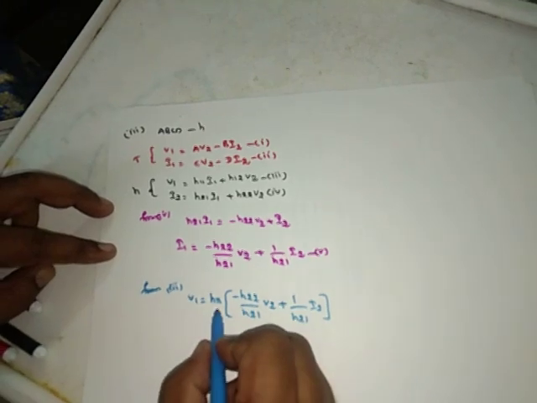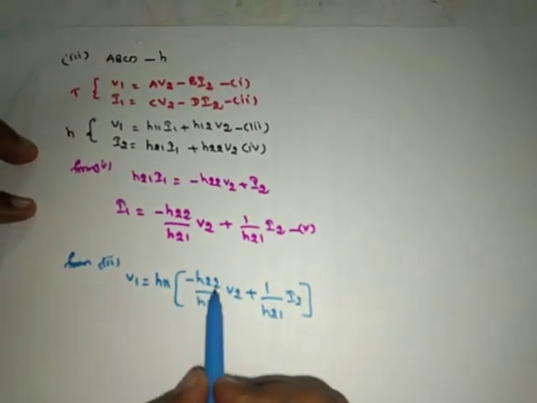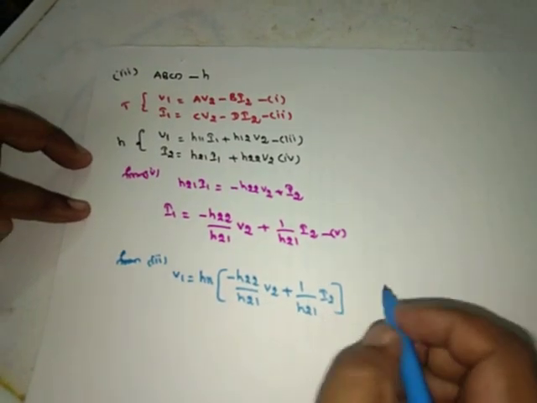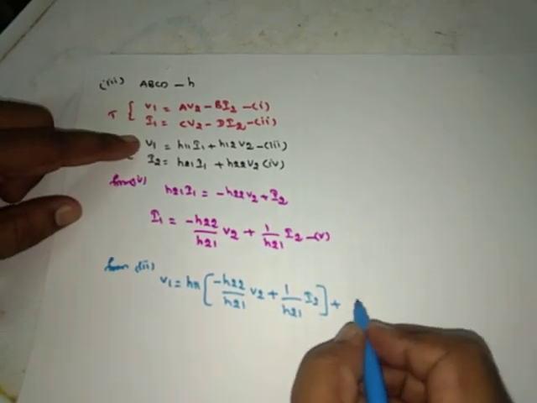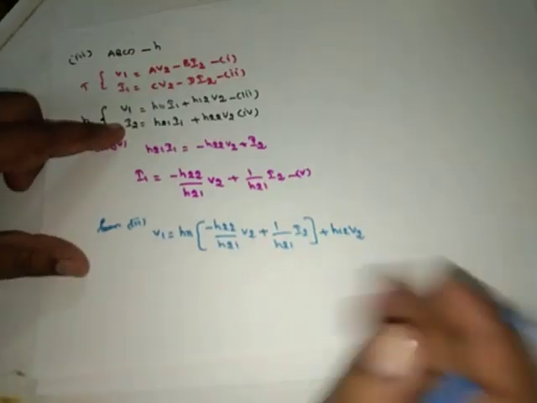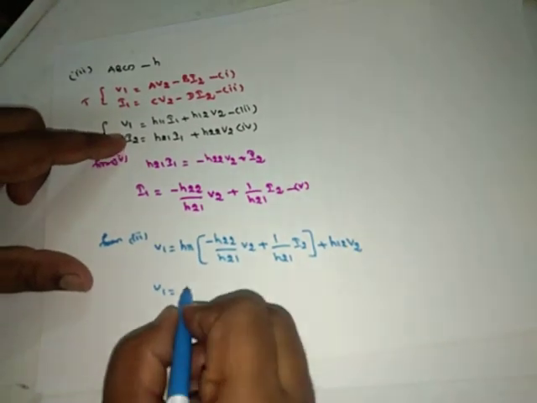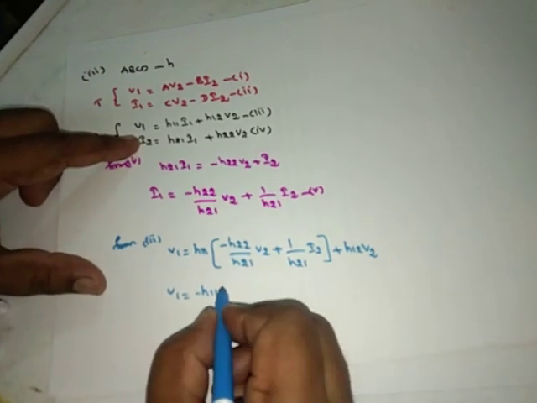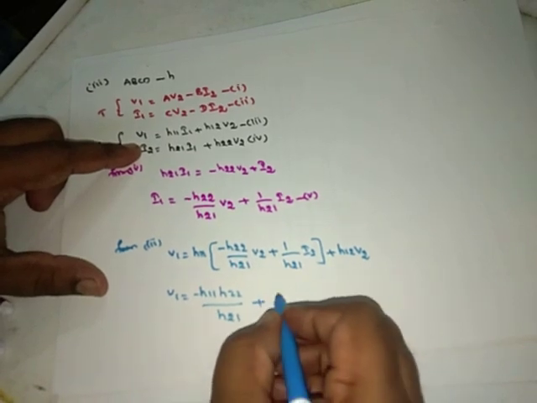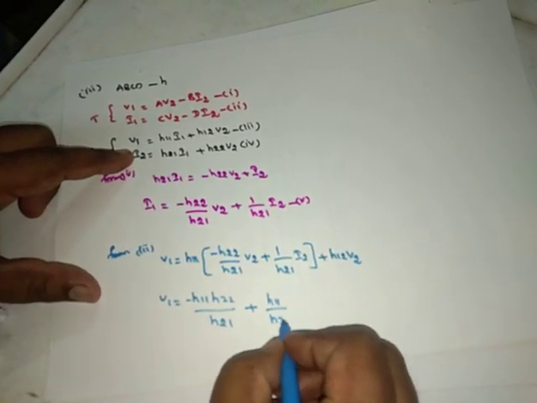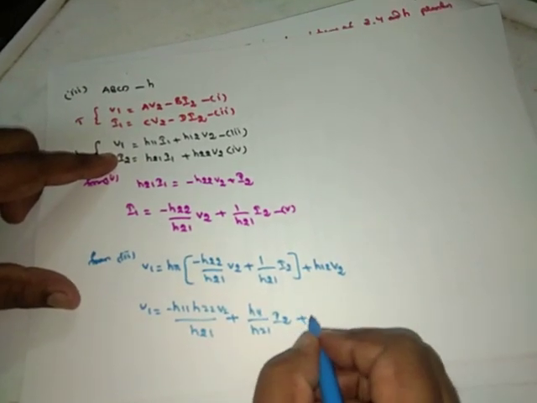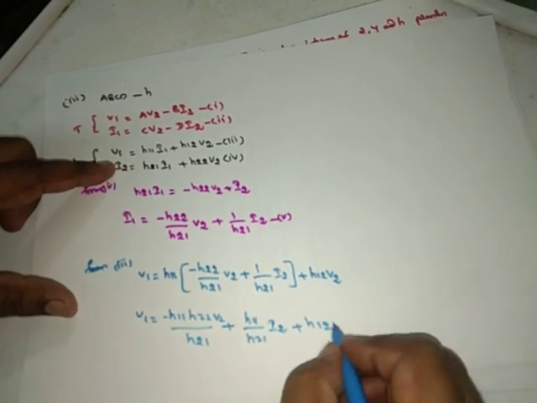I1 as it is here, h11 I1 is equal to minus h22 by h21 v2 plus 1 by h21 i2 plus h12 v2. Simplify here, v1 is equal to minus h11 h22 by h21 plus h11 by h21 i2, here it is v2, plus h12 v2.